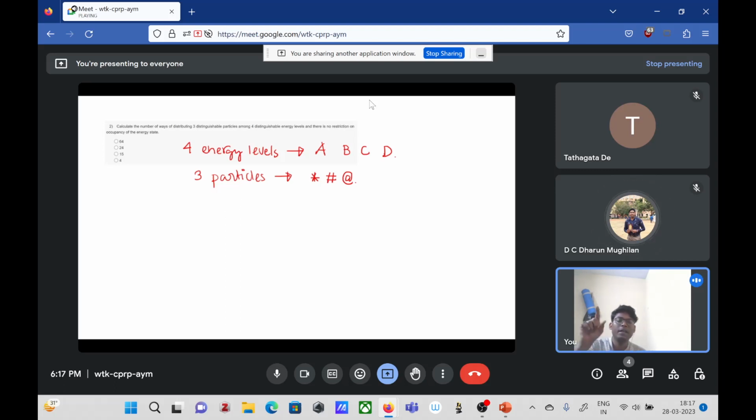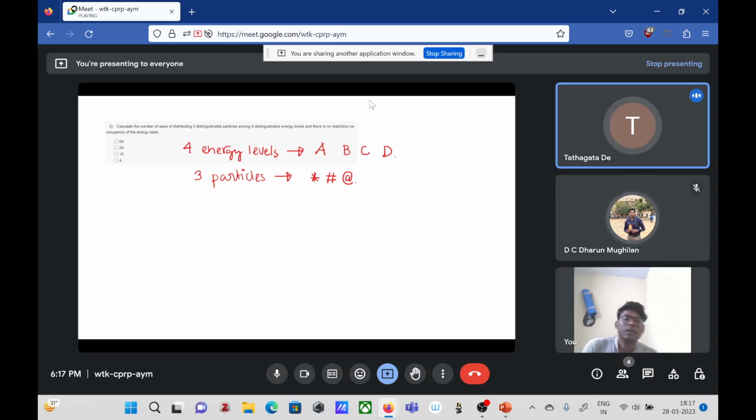There will be head, then head or tail, and so on. So this will be 4 to the power 3. Yes, that's the right answer. It is the same problem, we are just taking the 4 energy levels as a 4-faced die. Yes.